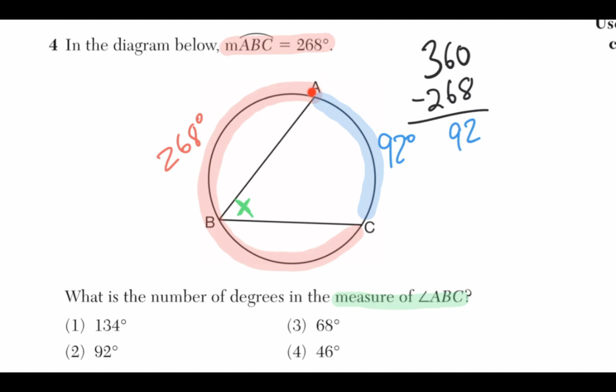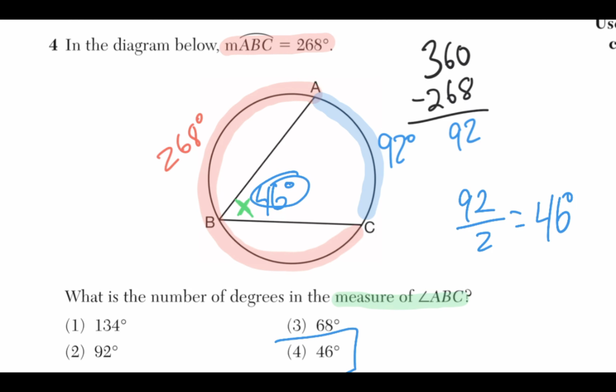Well, we know that this is an inscribed angle, and we know that for an inscribed angle, the measure of the angle is 1/2 the arc that it intercepts. So if this is 92 degrees, I recognize that 92 divided by 2 is going to give us 46. So clearly, angle ABC is going to be 46 degrees. That is option number 4.